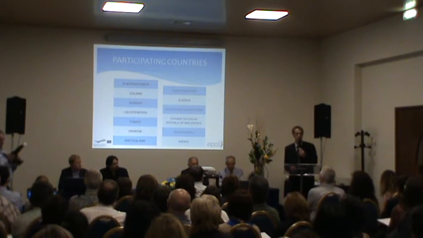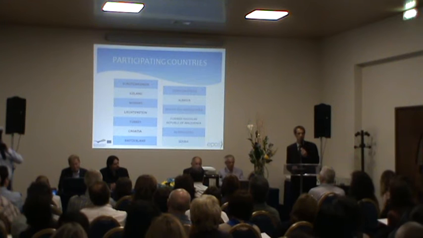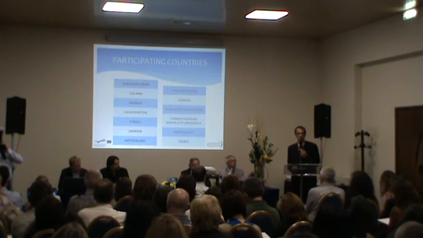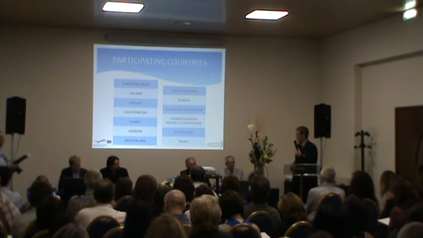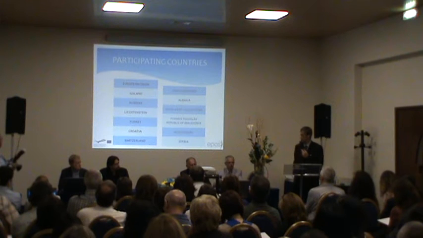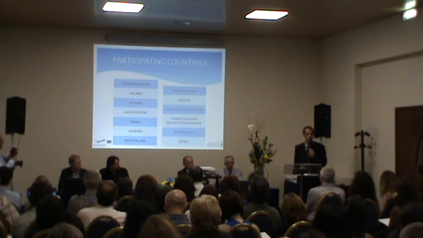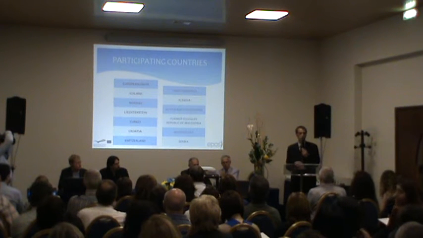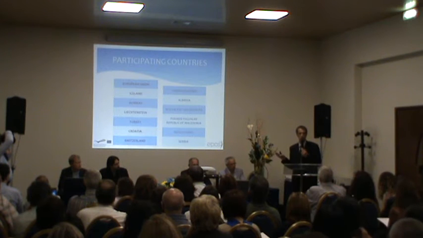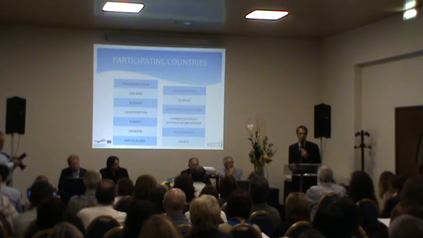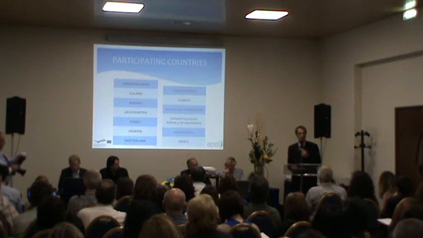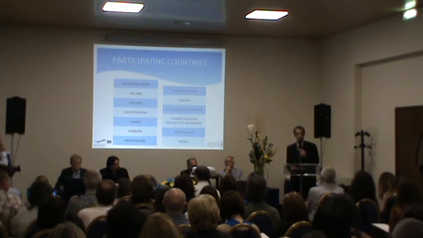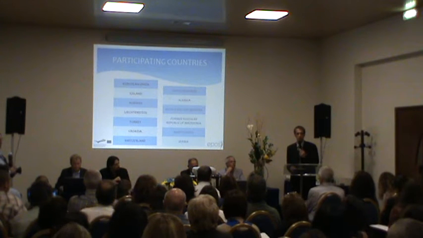So, what are these participating countries? At the moment, there are 33 full participating countries. These are the member states of the European Union. And as you can see, Iceland, Norway, Liechtenstein, Turkey, Greece, and Switzerland are also fully participating in the program. That means that they can participate in all the actions. But this is not only for Leonardo da Vinci, this is for the lifelong learning program, because there are some general rules, and one of these things is that the participating countries is for the whole of the lifelong learning program.